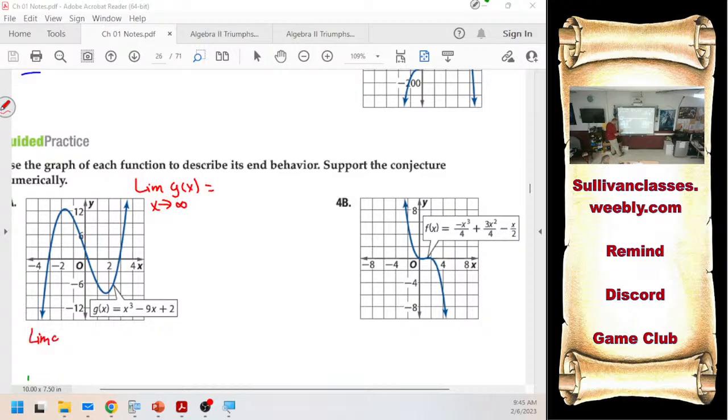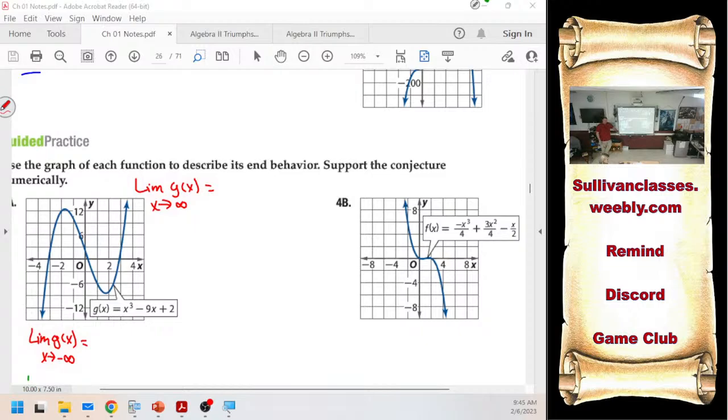My limit of my function as x goes all the way back to negative infinity is what? Now, maybe we think it looks like negative and positive infinity respectively. I'd put the function in and test it to be safe, because what if I don't see the entire function? What if they're only showing me part of it and this thing curls back up?